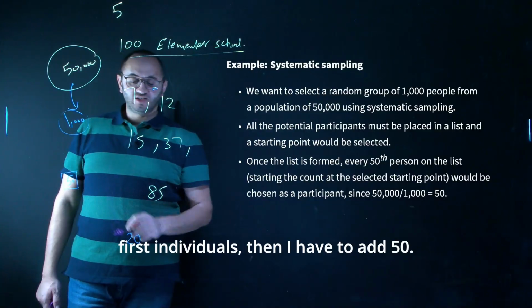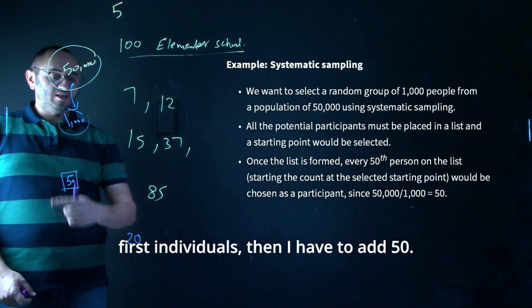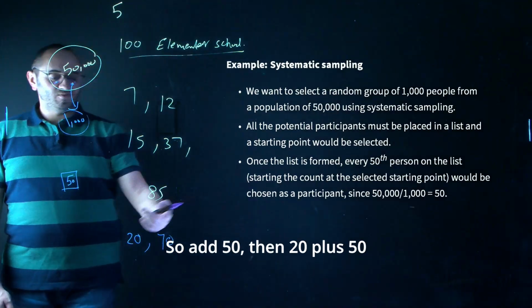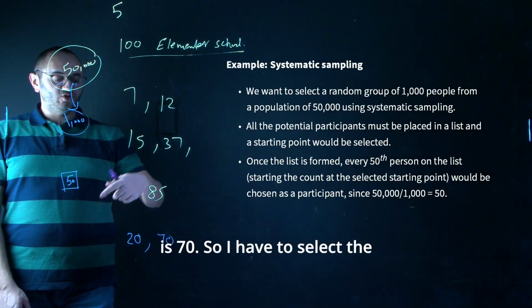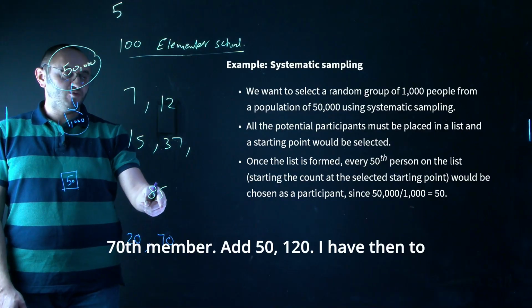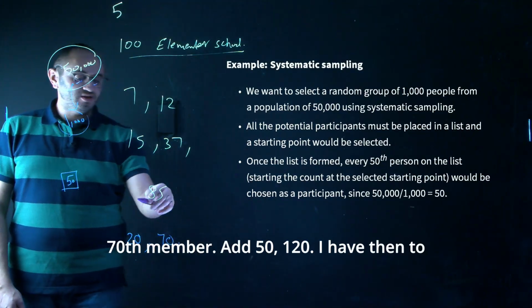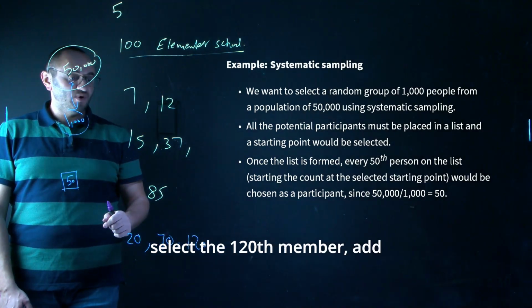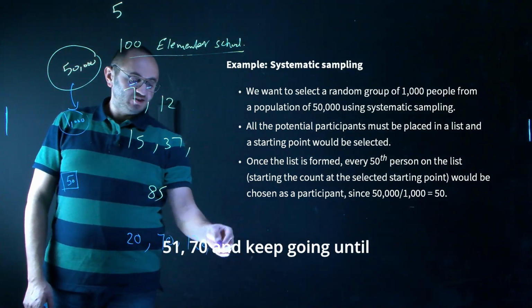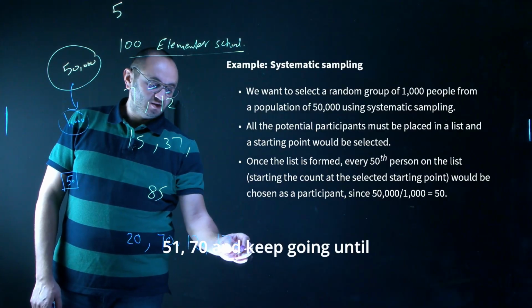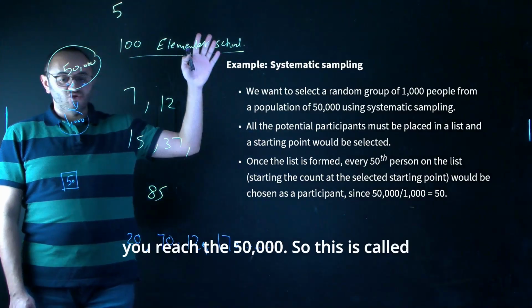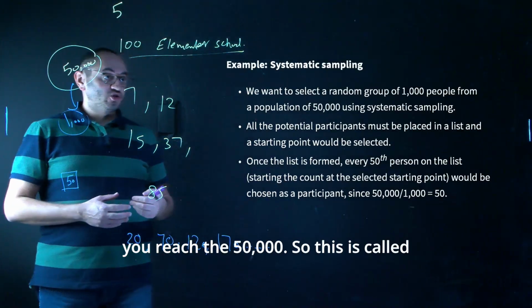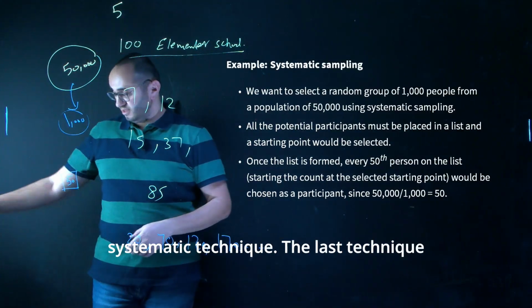So this is the first individual, then I add 50: 20 plus 50 is 70, so I select the 70th member. Add 50, 120, I select the 120th member. Add 50, 170, and keep going until you reach the 50,000. So this is called the systematic technique.